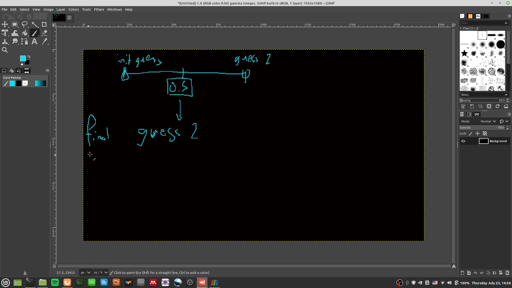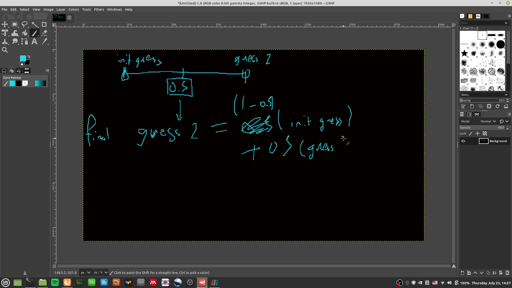Final guess 2 will be equal to (1 minus 0.5) times the initial guess plus 0.5 times guess 2.